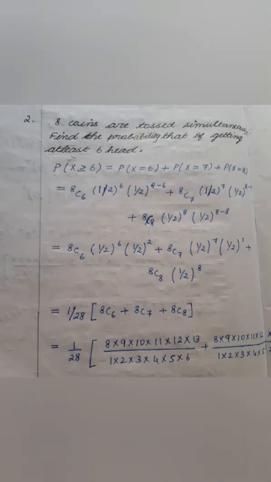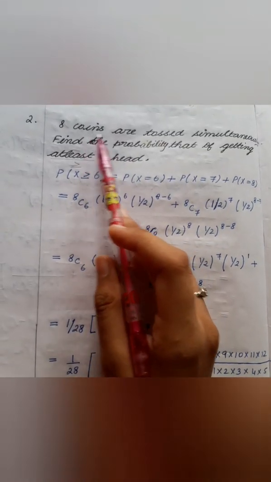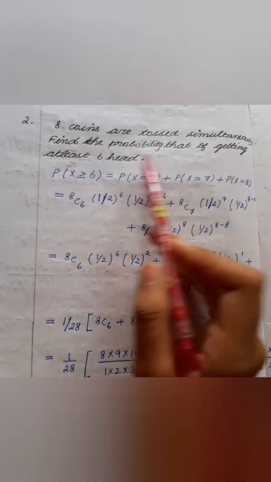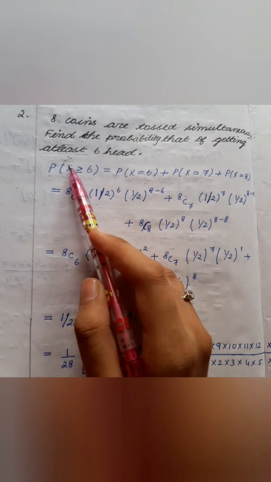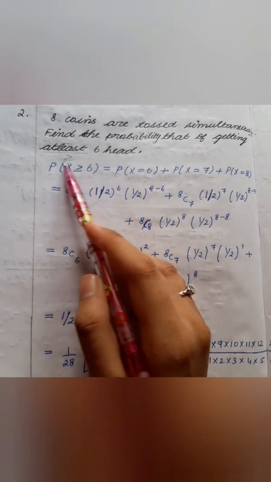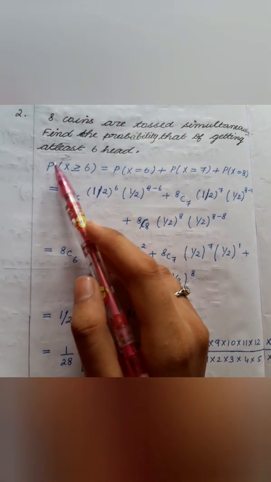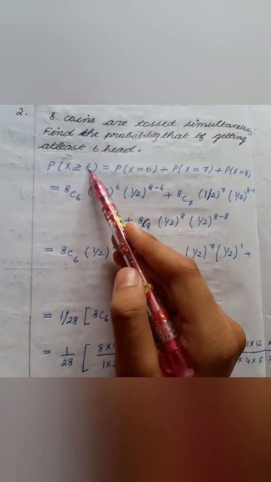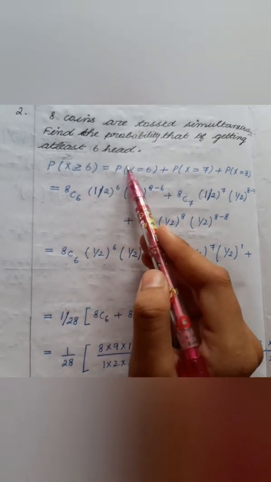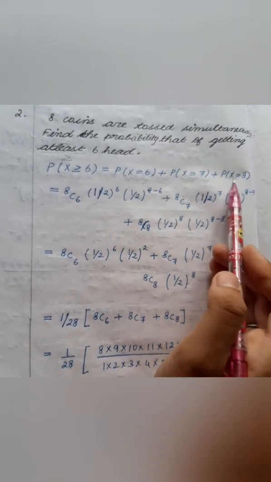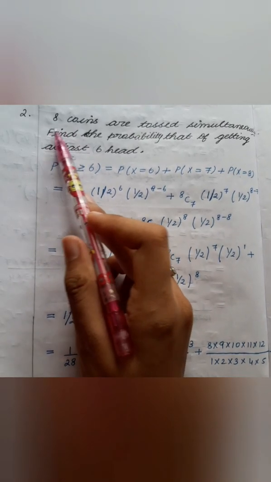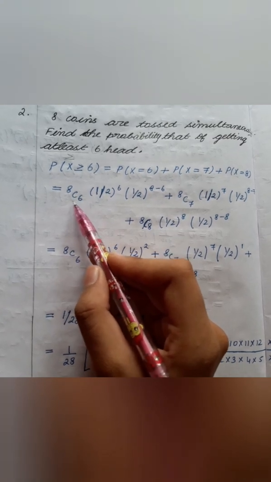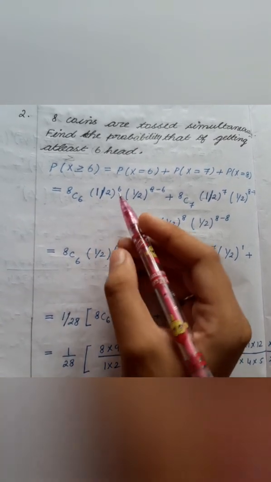The next sum is: 8 coins are tossed simultaneously. Find the probability of getting at least 6 heads. Here at least means greater than or equal to. P(x), here they have given 6, so x greater than or equal to 6. We have to start from 6 because of the equal to, and go up to 8 since they have given 8 coins, so n becomes 8.